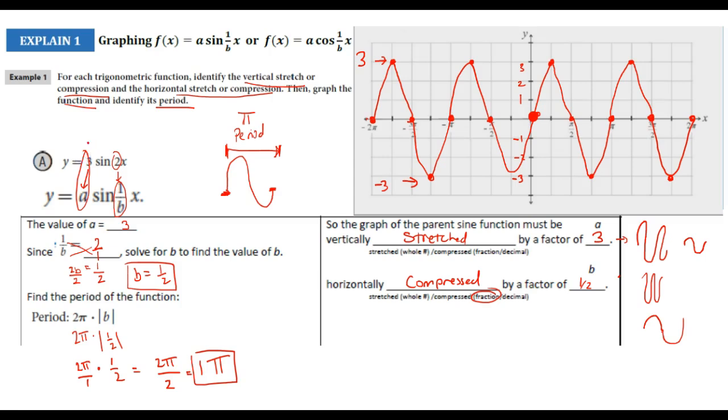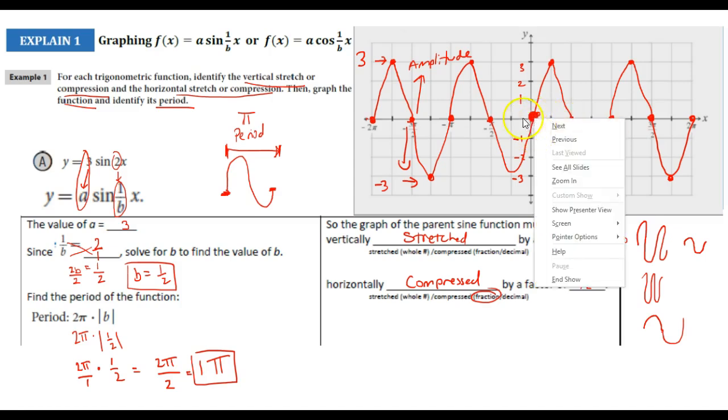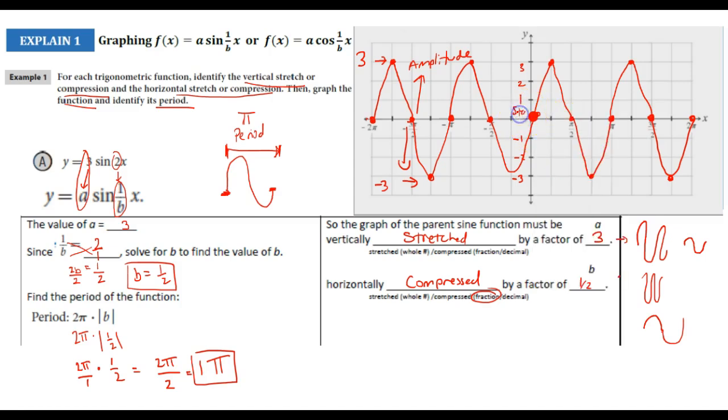So that gives you another word that we're going to use, our amplitude, which is pretty much how tall or how low our graph goes. A period is just how long it takes to go from our starting point. So you notice here it starts, goes up and down, and then back up.